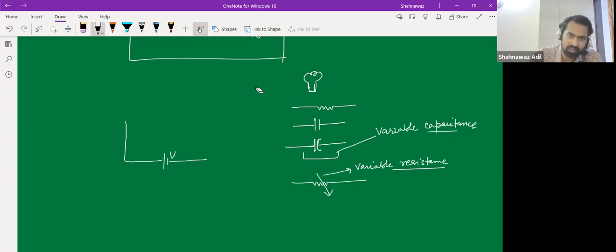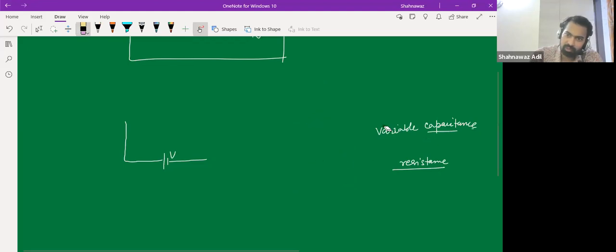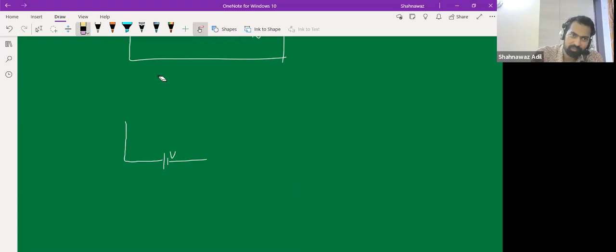So we have this, and some current flowing. We have two kinds of situations. In the first situation, there are three bulbs like this.